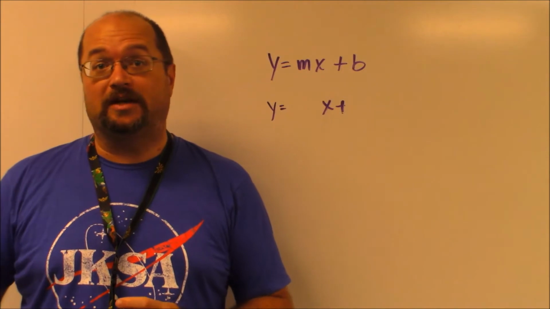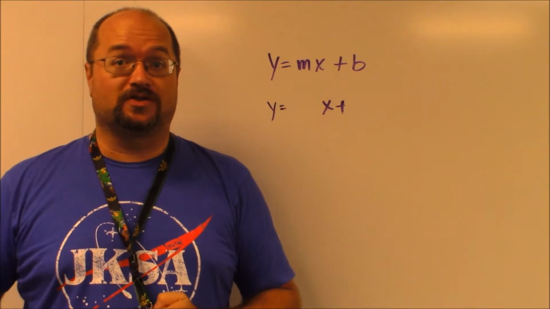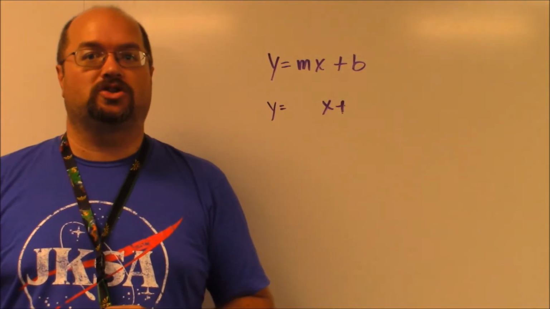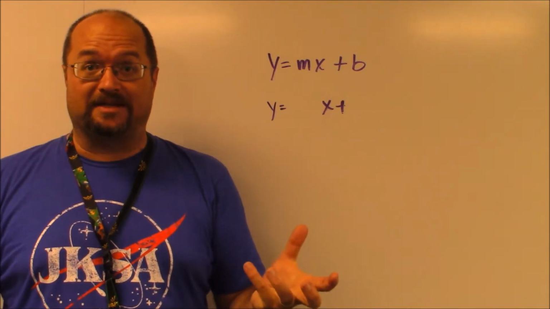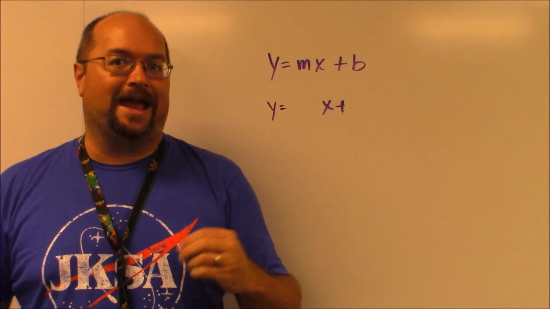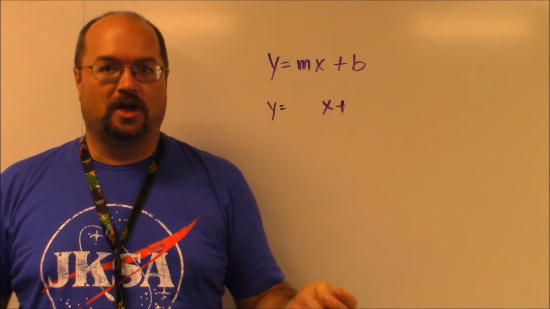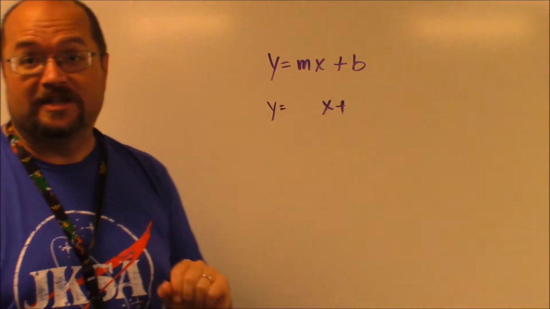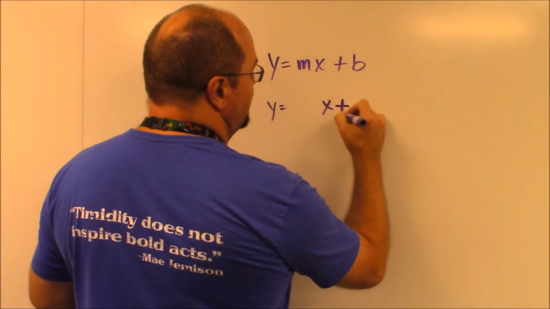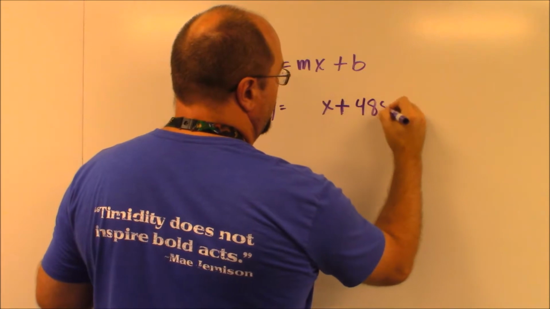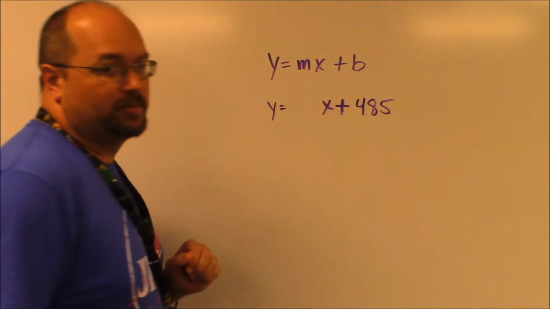But the materials have already been purchased, so that material cost is never going to change. Whereas the brother's payment is going to be determined by how many hours that he works. So in this case, our material value, which is $485, is our y-intercept.